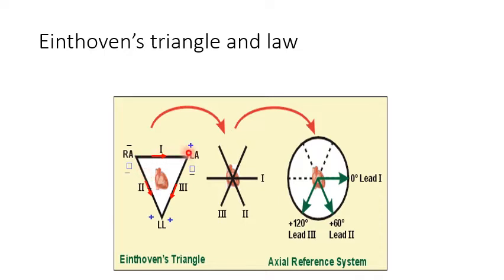So lead 1 will stay horizontal if we extend it from the center of the heart, so the angle is going to be 0. For lead 2, if we move it and put it in the center of the heart, then the angle from the horizontal is going to be positive 60.